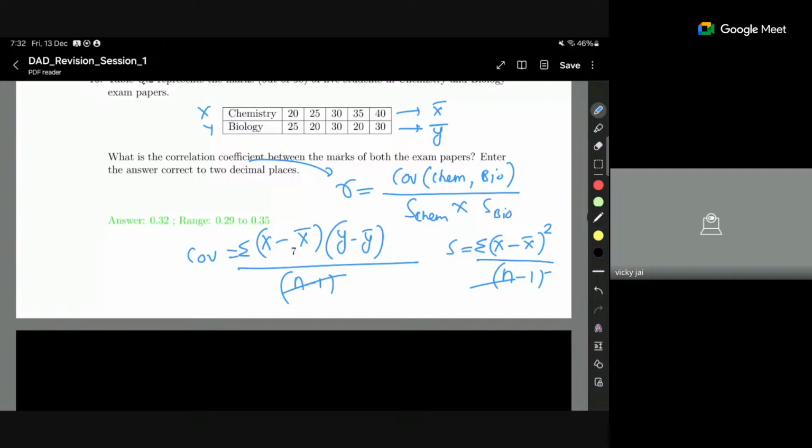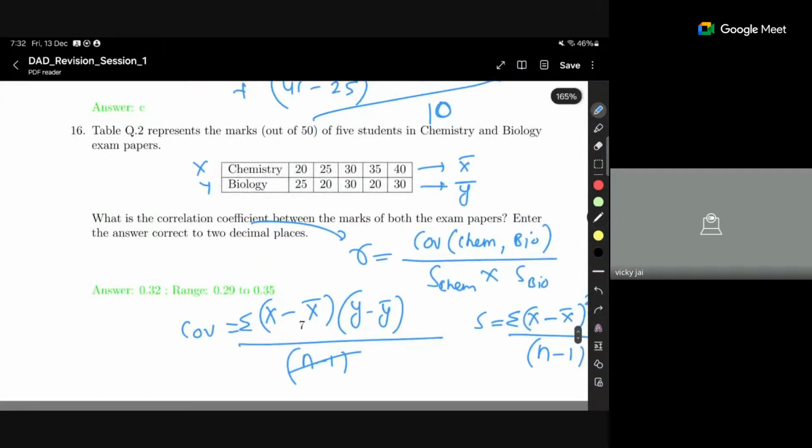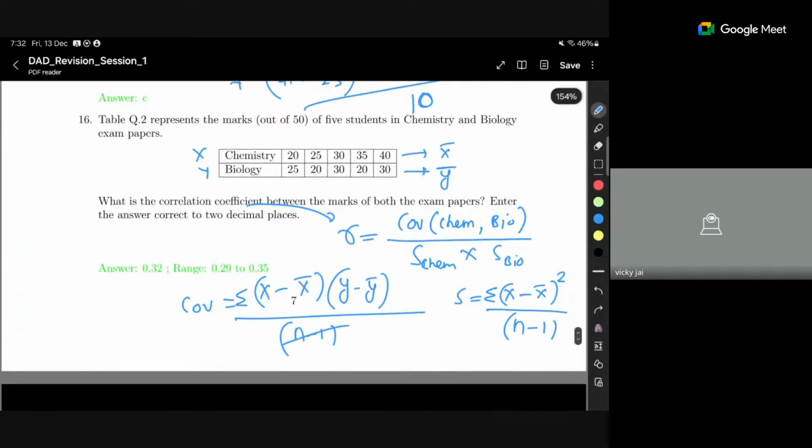And you can do this, right? This question will also require you to have a calculator. Okay, so can I do it? Wait, what is x bar? X bar is, I have to add them and divide by 5.